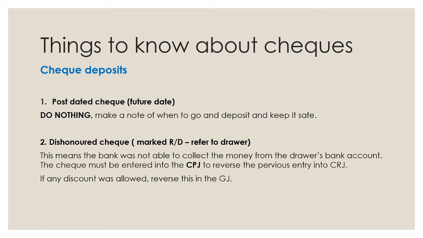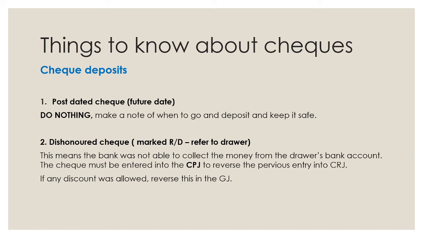Okay, so a dishonored check will be marked RD, and you will get quite a lot of these on your bank statements. I even saw quite a few of them in the matric exam paper last year. So a dishonored check means that the bank was not able to collect the money from the drawer's bank account.